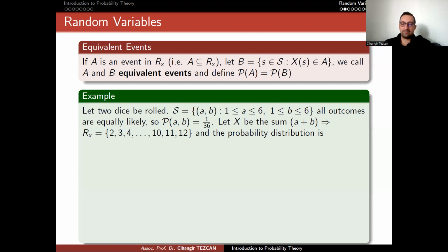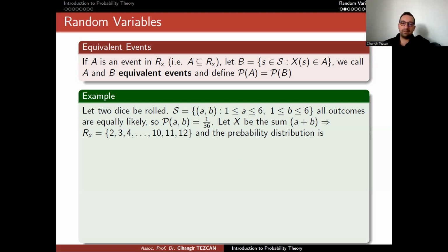But in this case, let's stick to the regular die. All outcomes are equally likely, so they are fair. The probability of observing (A, B) for a specific pair is just 1 over 36 because they are independent events. Observing a value here has probability 1 over 6 and a value here is 1 over 6, so you multiply them and the probability of observing A and B is 1 over 36.